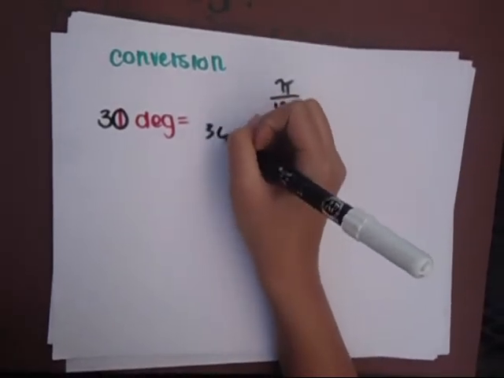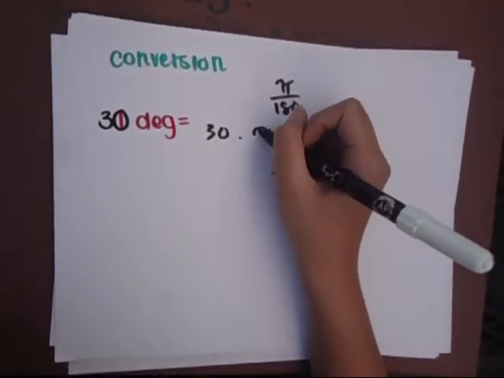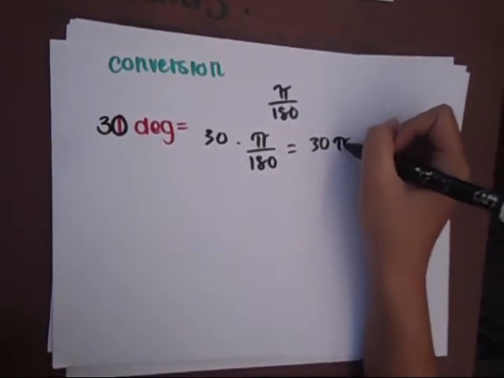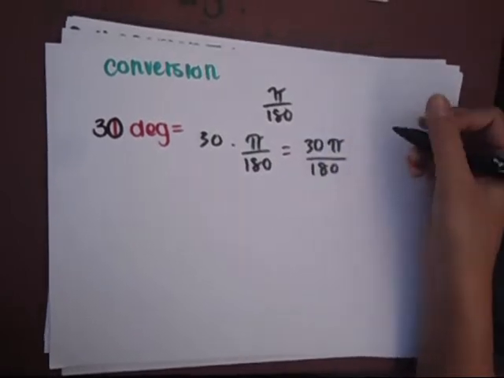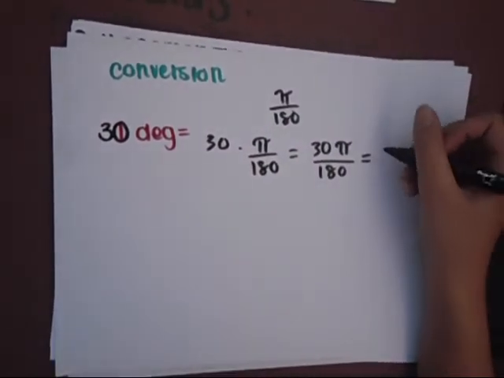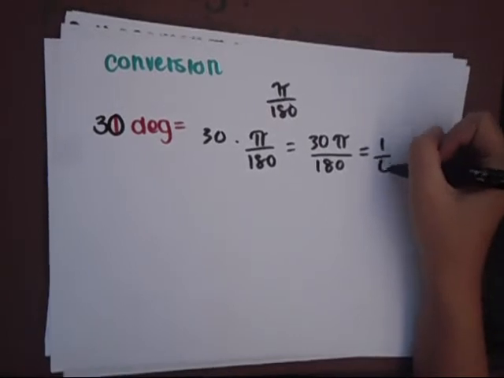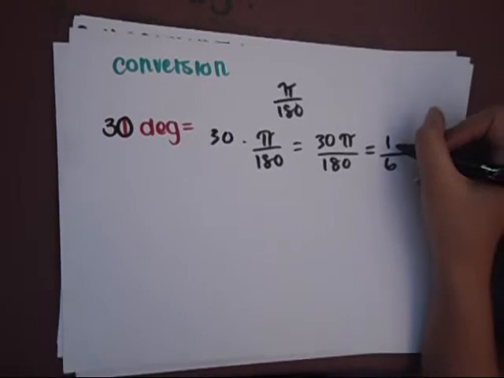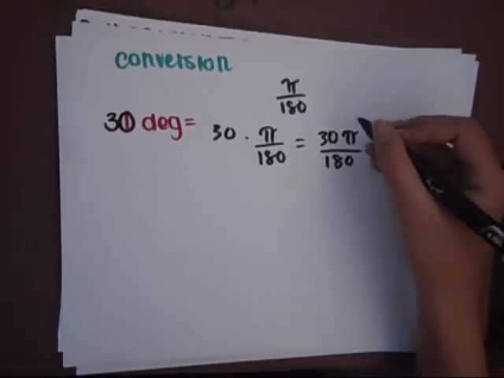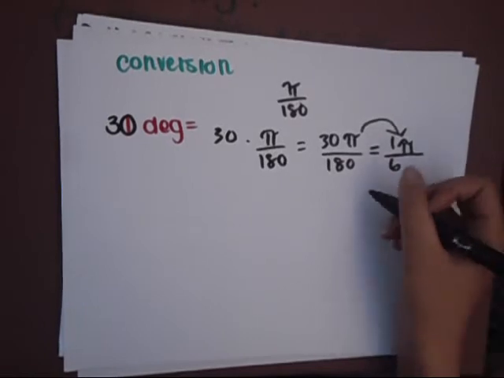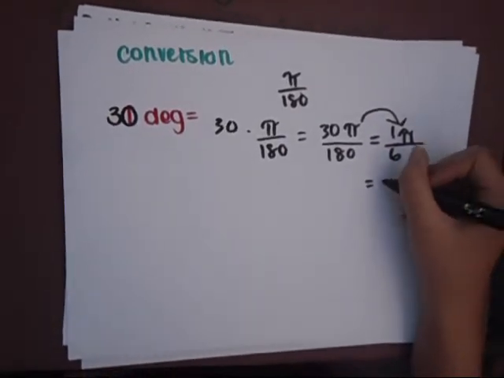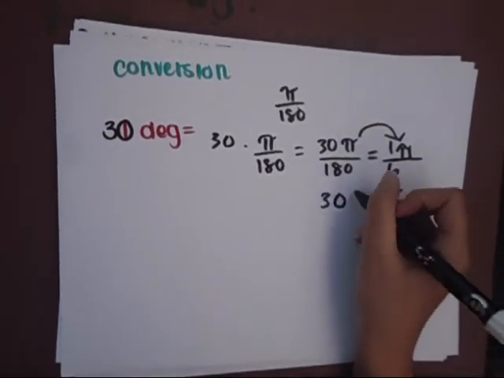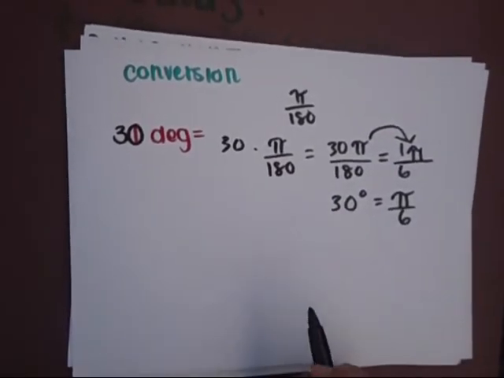We take 30 and multiply it by pi over 180, which equals 30 pi over 180. 30 over 180 is 1/6, and we add pi, so it's pi over 6. 30 degrees equals pi over 6.